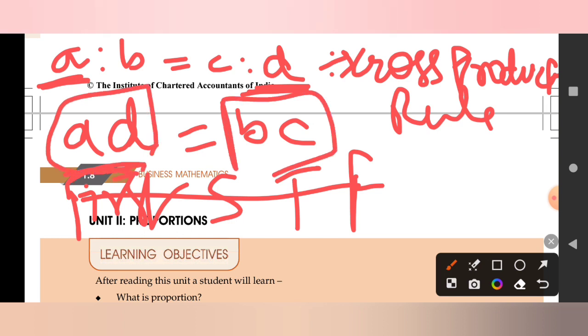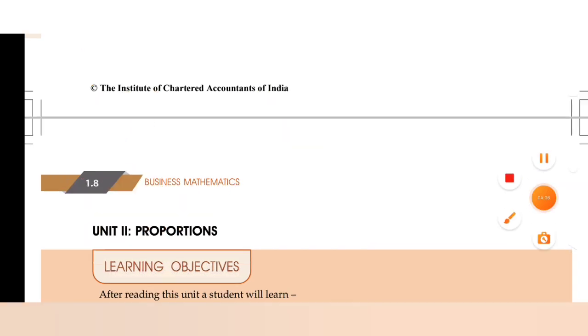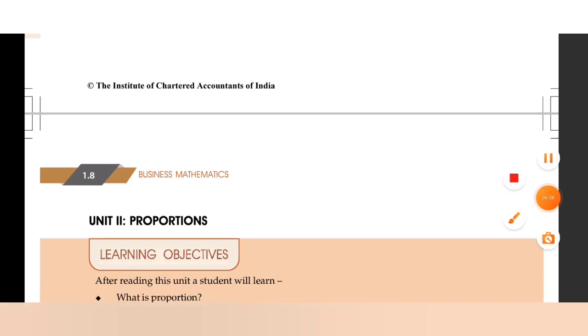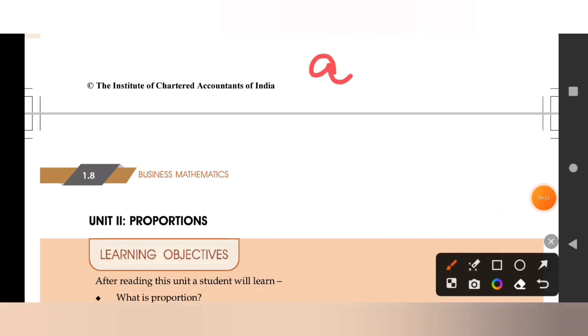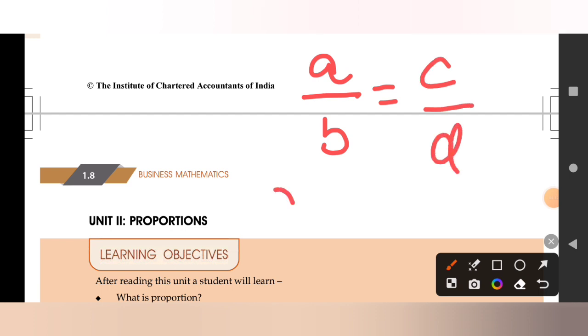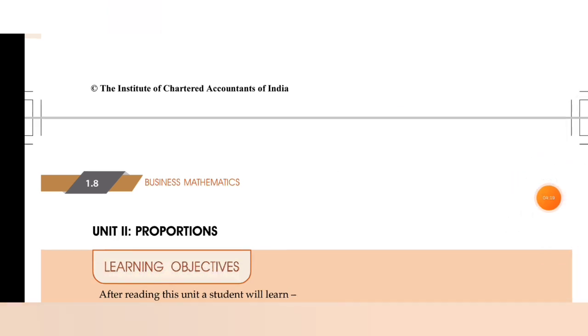AD, this is the product A into D, product of extremes, which is equal to BC, product of means, that is middle terms. So you understood the logic. A by B is equal to C by D. When you cross multiply, it is AD equals BC. This is the cross product rule. We are going to study ahead in the text.